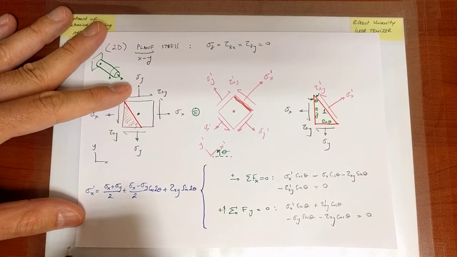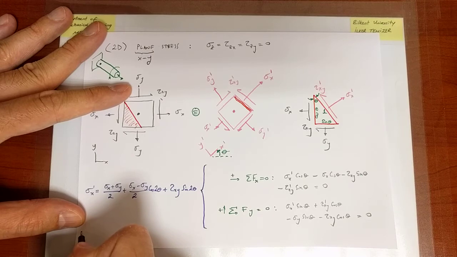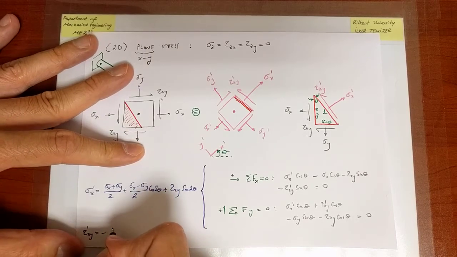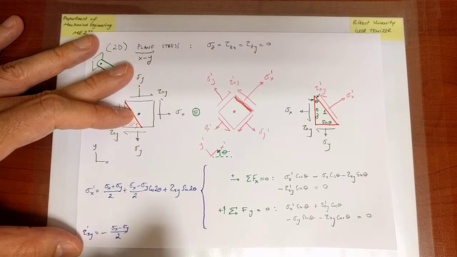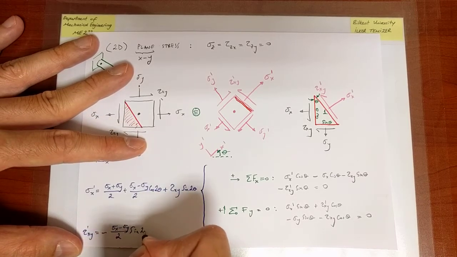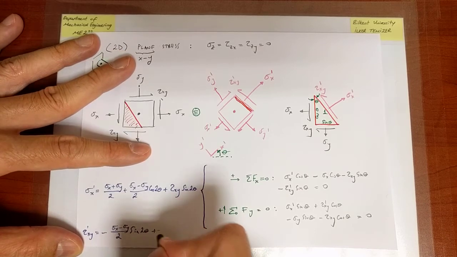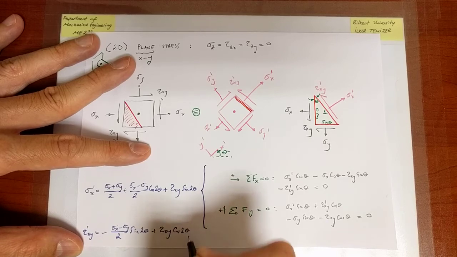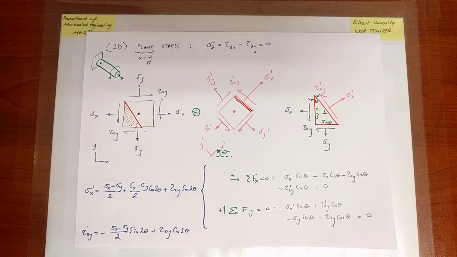Okay. So then there is also tau xy prime, which is equal to minus sigma x minus sigma y over 2, so this minus multiplies everything, times sine 2 theta, plus tau xy cosine 2 theta. All right, so those are the values that we solve from these two equations.